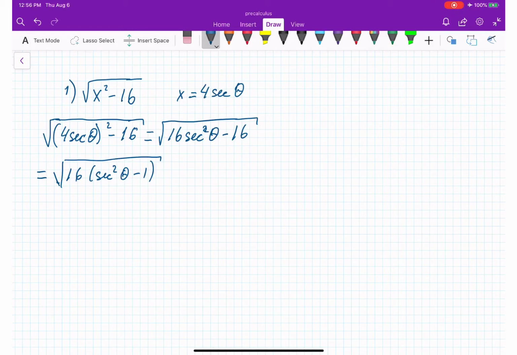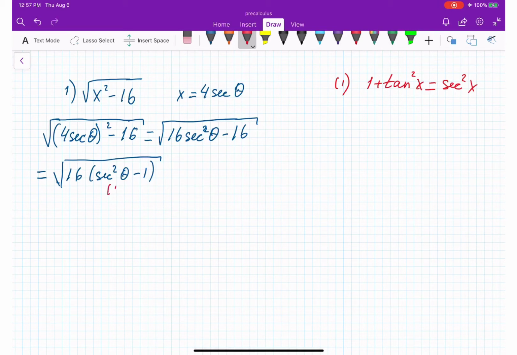So for secant square theta minus 1, we are going to apply formula 1: 1 plus tangent square x is equal to secant square x. That's formula 1. If you move the 1 to this side, you get secant square x minus 1, which equals tangent square x.